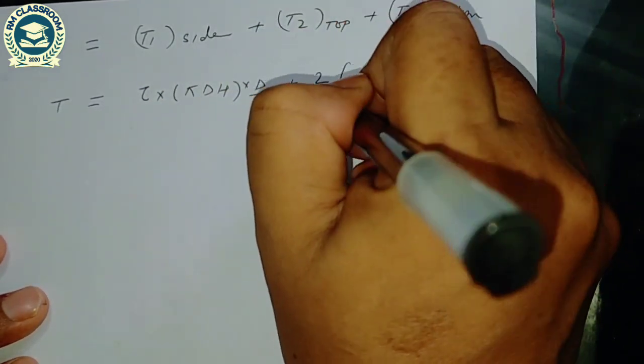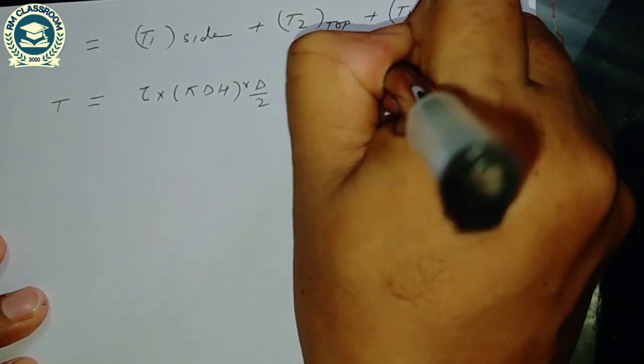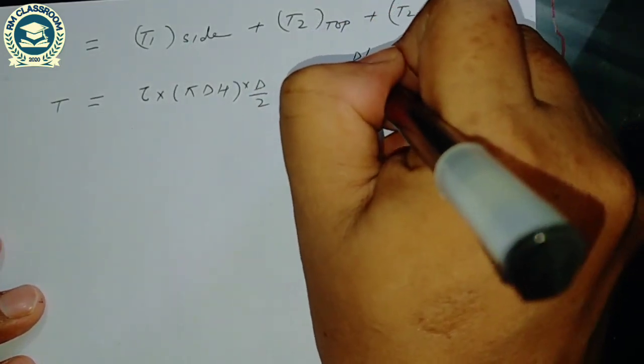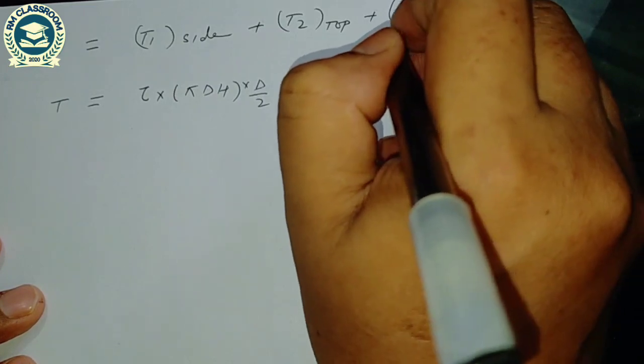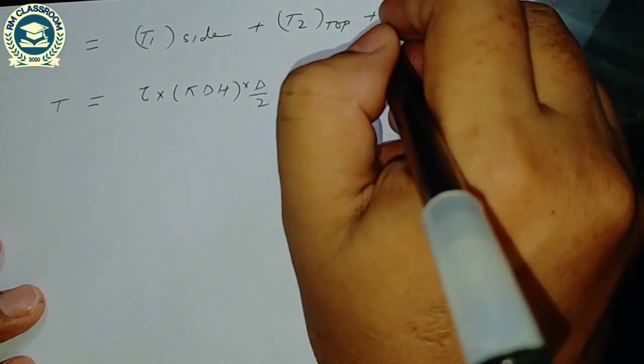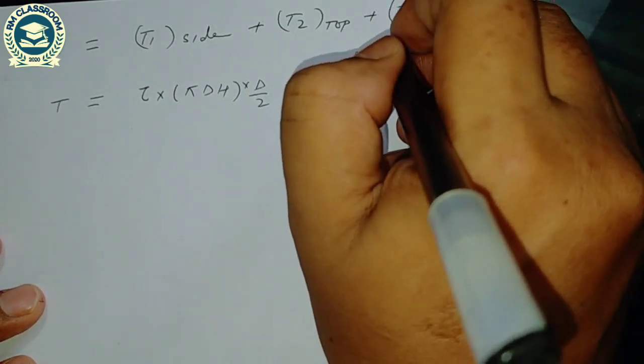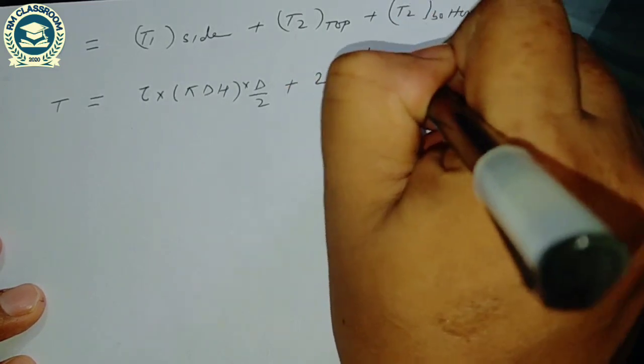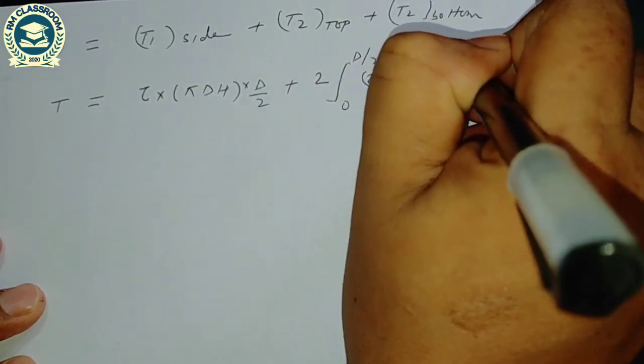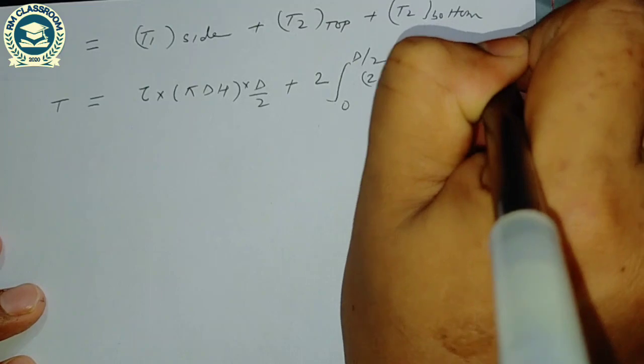integral from 0 to d by 2 of 2 pi r dr into tau into r.